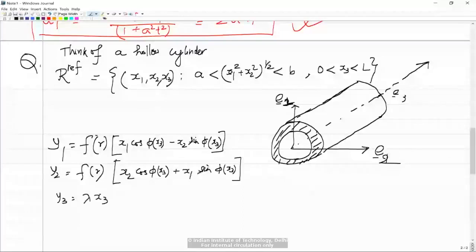So here this r is of course denoting the radial coordinate, which is such that r square is equal to x1 square plus x2 square. So in the cylindrical coordinate, that's the r.